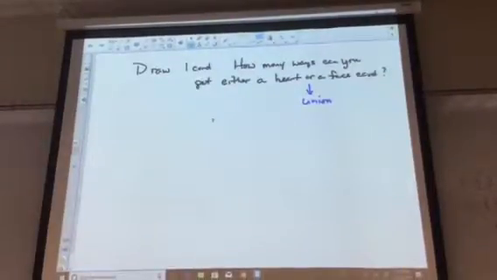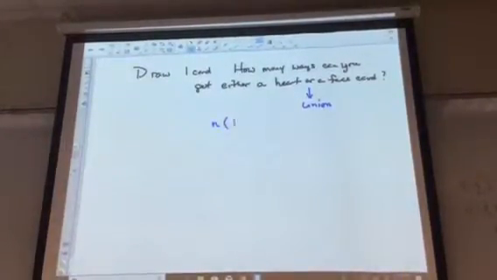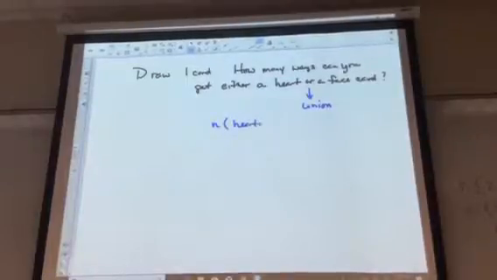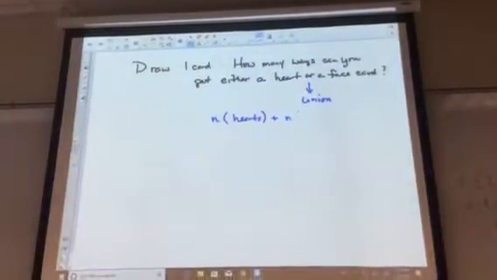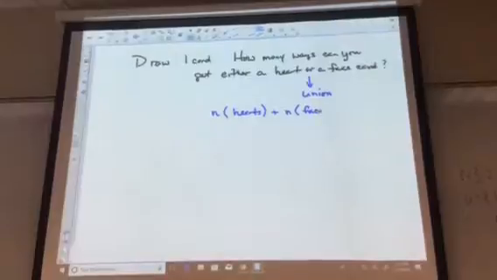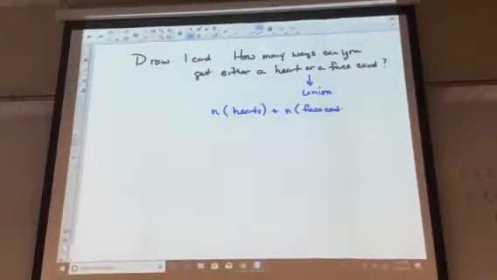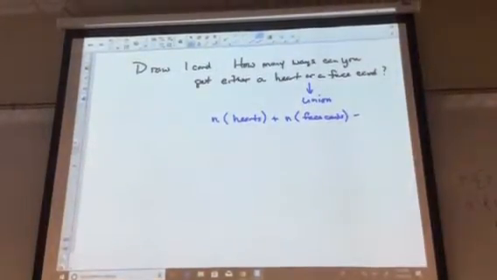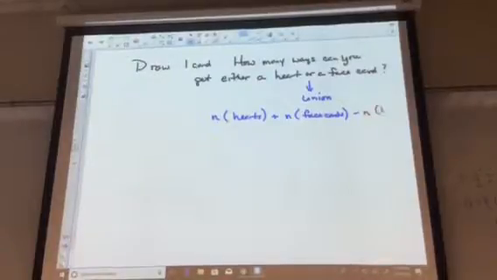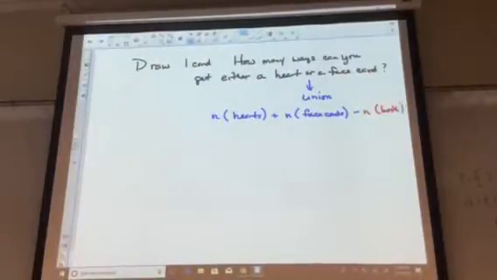So I'm looking for the number of hearts added to the number of face cards minus the number that are both hearts and face cards at the same time.